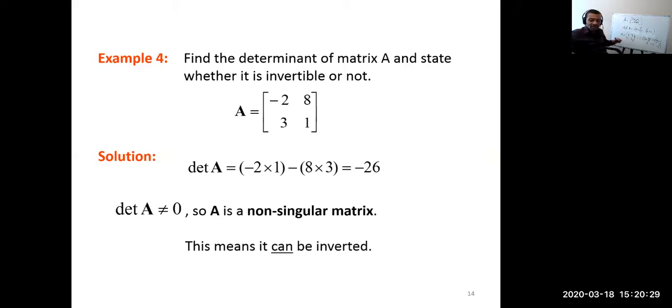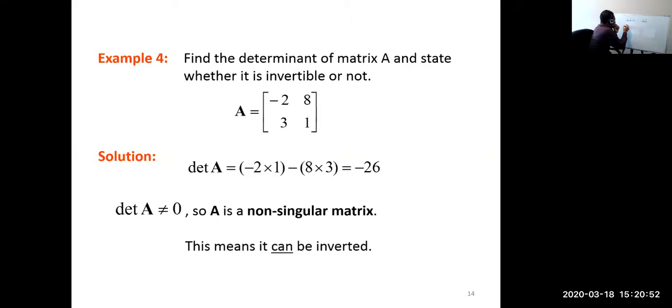Right, so after calculating the determinant of that matrix A, we carry on to find the inverse. We found the determinant of A to be minus 26. Now, how do we find the inverse?